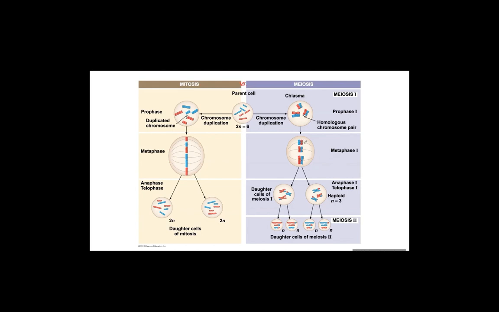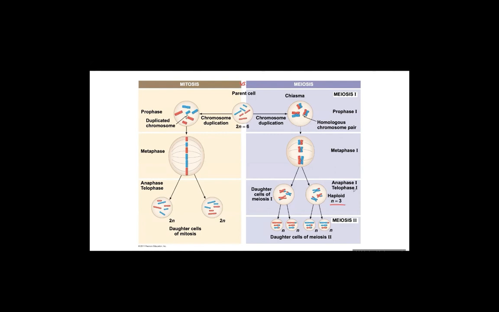But in meiosis 1, a pair of homologous chromosomes pair up, and then align at the center of the cell. Now this pair of homologous chromosomes separates. So in anaphase 1 and telophase 1, the chromosome number is reduced by half. Can you see this haploid n equals 3?